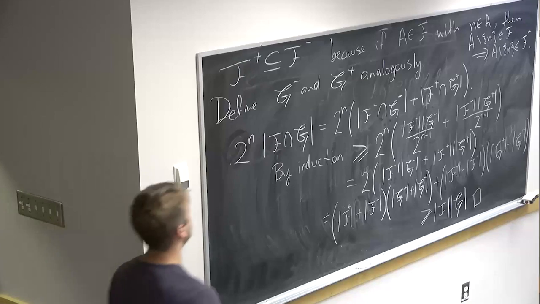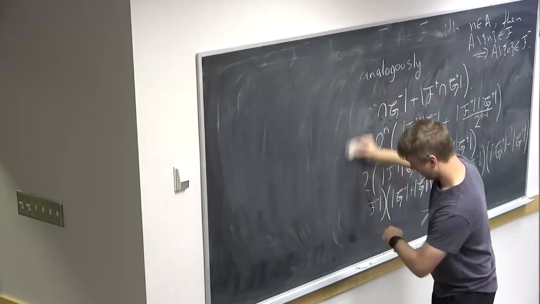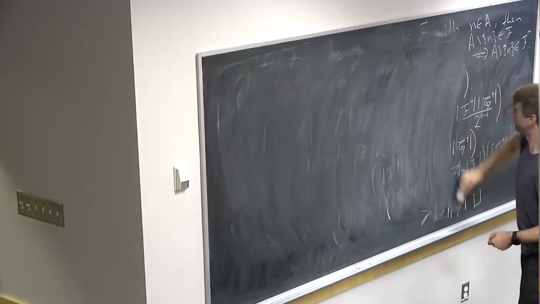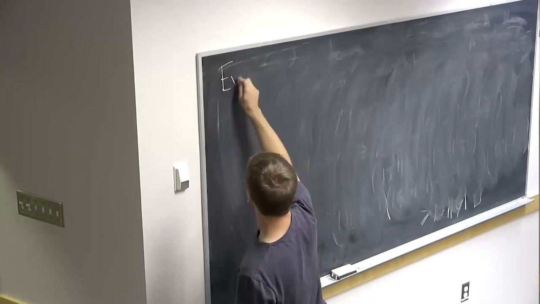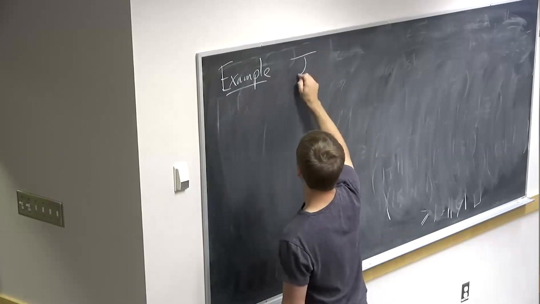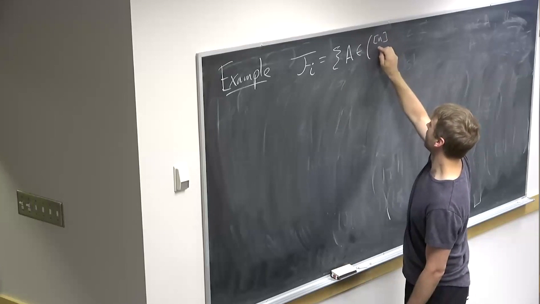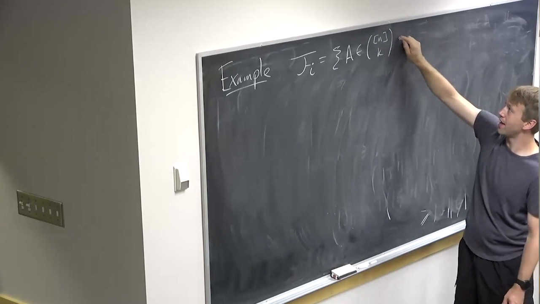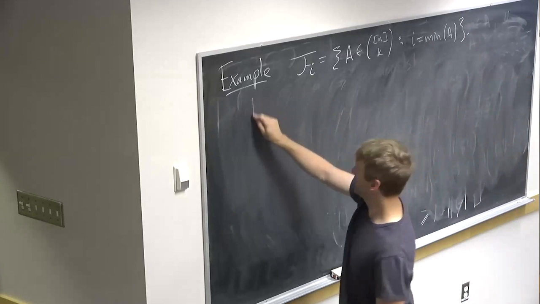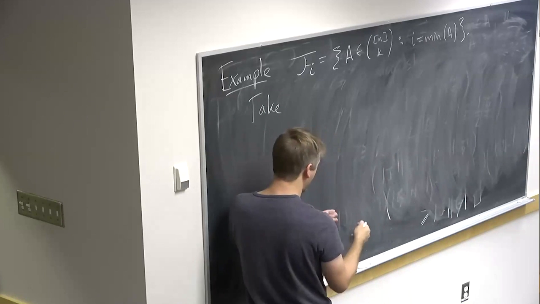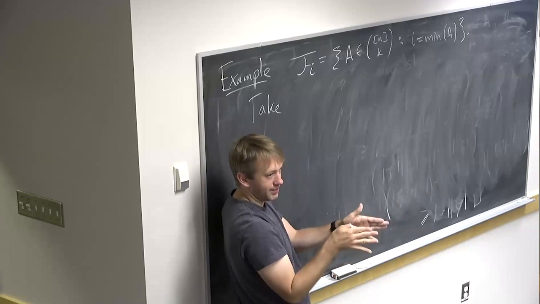So an example: let F_i be the set of all sets A of size K in 1 up to N such that i is the minimum element of A. You have to think about how the math works. You want to keep going until your ground set has size 2K minus 1, right? That's when everything has to intersect.